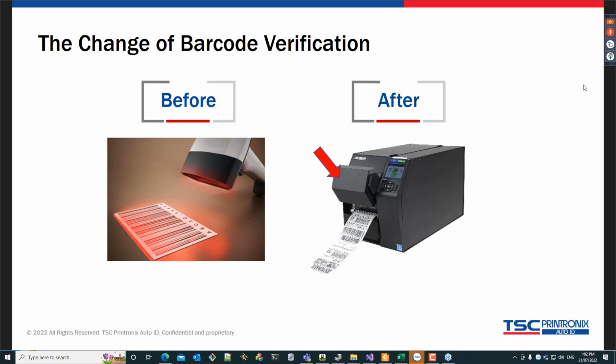We just need to install this kit, and the ODV2D kit can verify the barcode automatically and help us overstrike, to avoid poor quality barcodes going to our customer sites, where they will charge us some fines.